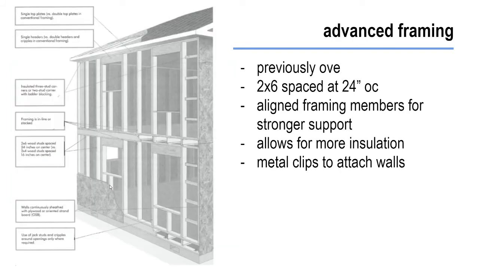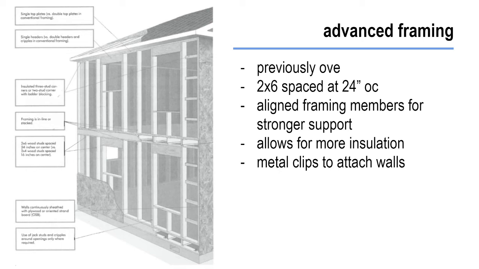Now, advanced framing is the name given by the APA. It used to be called Optimum Value Engineering, or OVE, but now we just call it advanced framing. It uses 2x6s, which remember are 1.5 by 5.5, and they're spaced 24 inches on center, as opposed to the traditional method of spacing 16 inches on center.